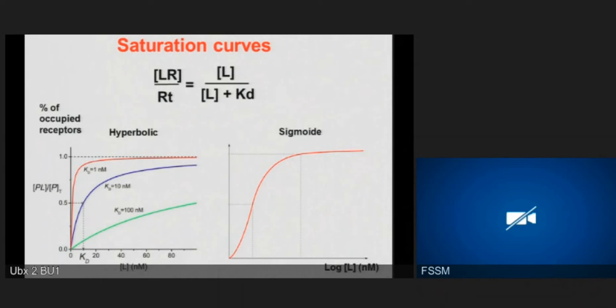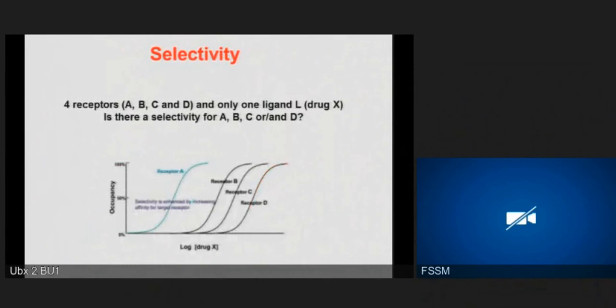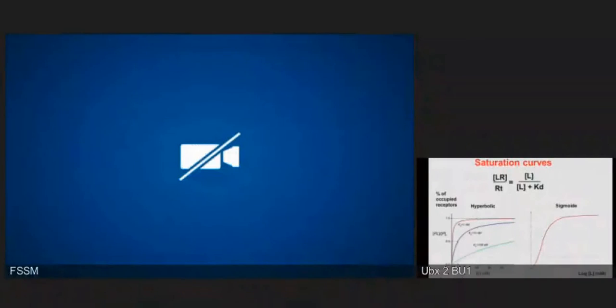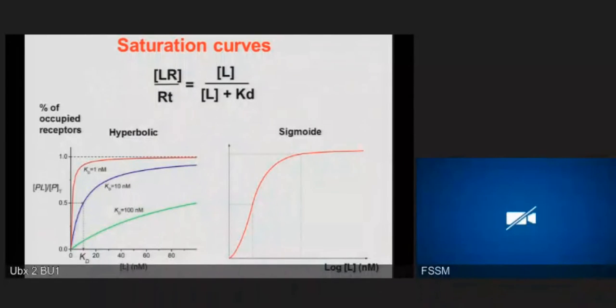So here we are still trying to understand the interaction between a ligand and a receptor. Teacher, can you please redo the explanation of the sigmoid curve? How do we obtain it?